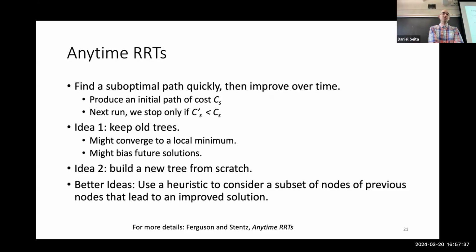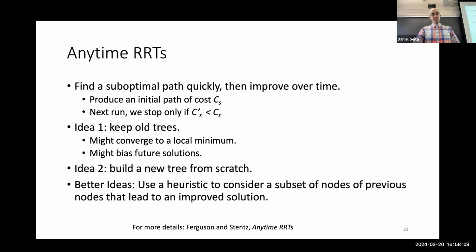So you find your suboptimal path quickly, which you get with RRT. You get your fast result from the start to the end, and then you improve it over time. So you produce your initial path, then on the next run you try to stop when your revised path is of lower cost than the original one. And so you can do that.